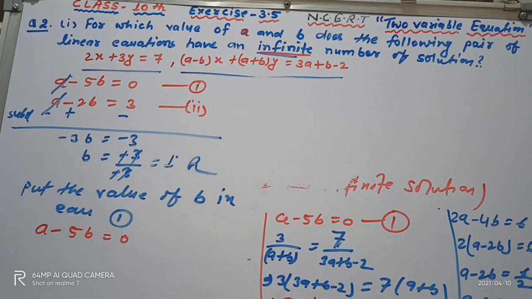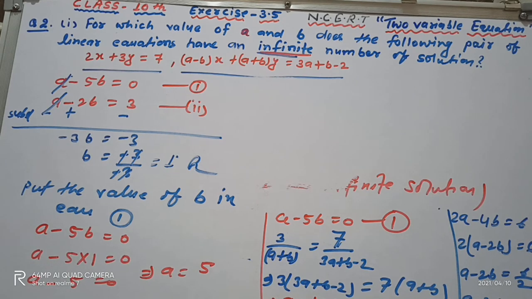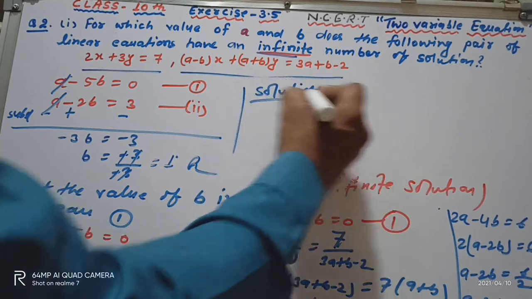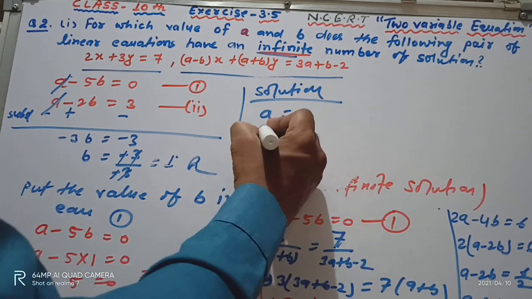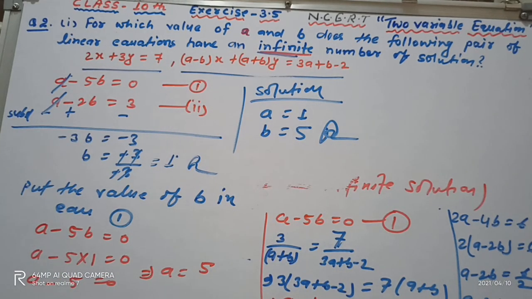Now put the value of b here, so it will be a minus 5 into the b value we have got here, 1, is equal to 0, so a minus 5 is 0. So a is equal to 5. So the solution we got here is the value of a is equal to 5 and b is equal to 1, and this is our answer which we have to find here.